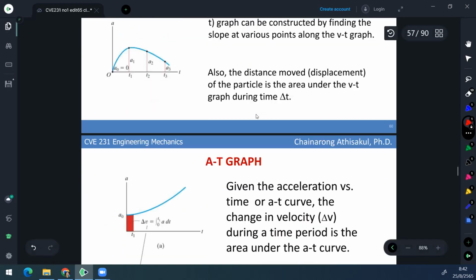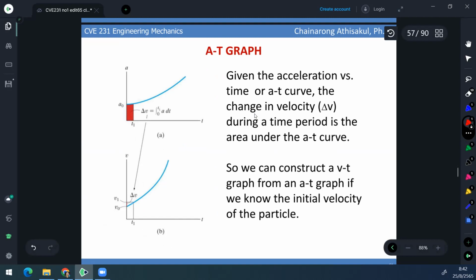And if we know the information of acceleration and time instead, we can plot the a-t graph first. From the relationship of acceleration and velocity, we can rearrange this equation to become dv equal to a dt.